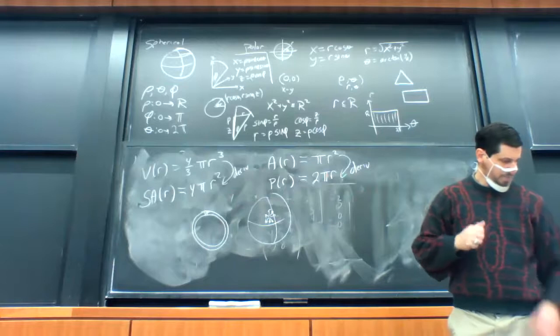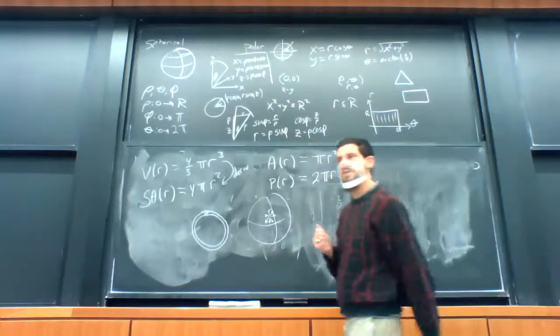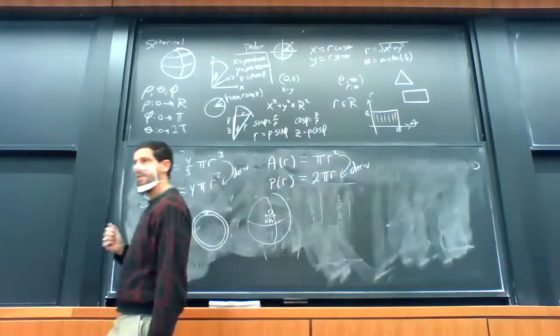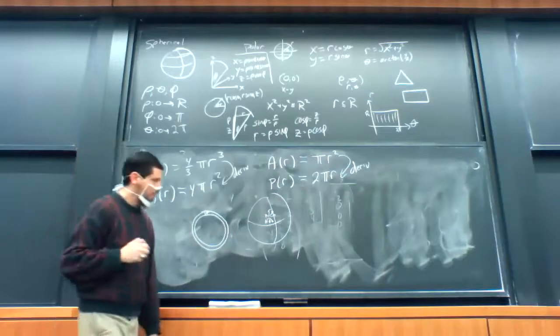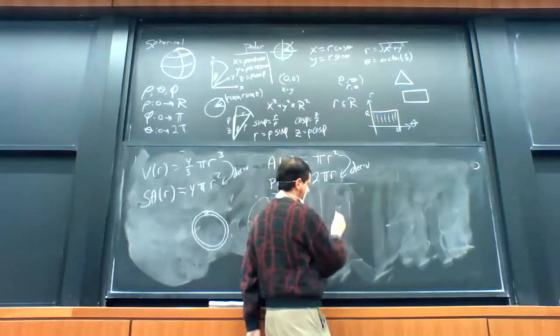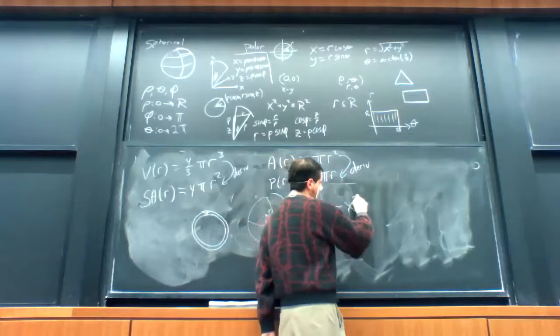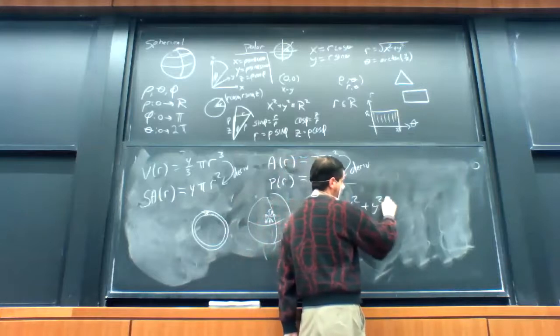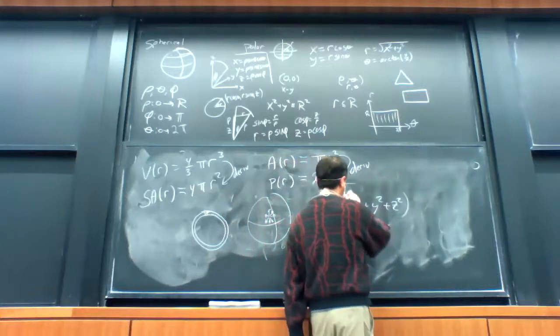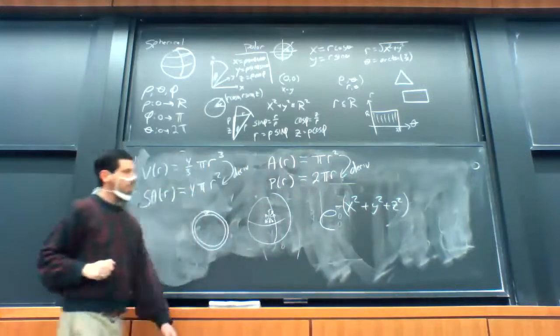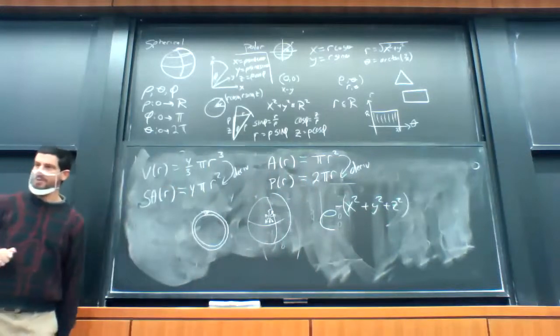Any other questions on the basics of spherical coordinates? So you love expressions like e to the negative x squared plus y squared plus z squared. What would that function look like in spherical coordinates?